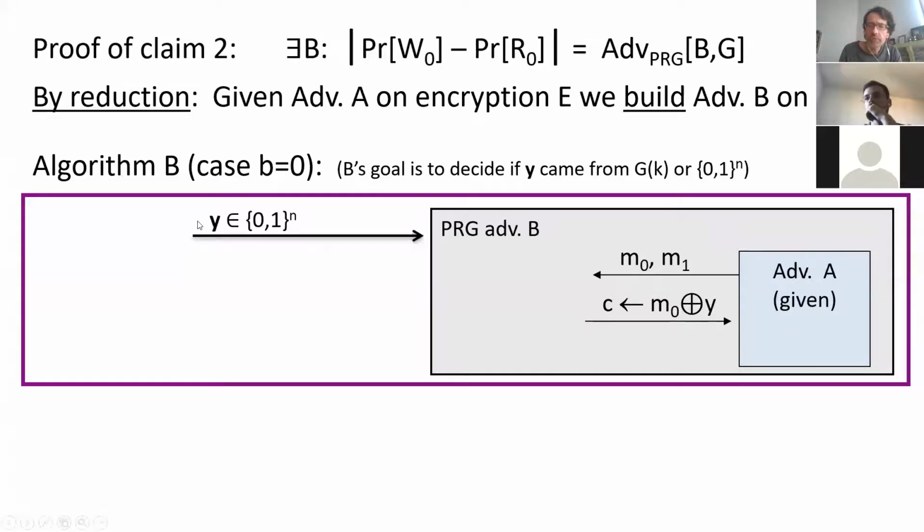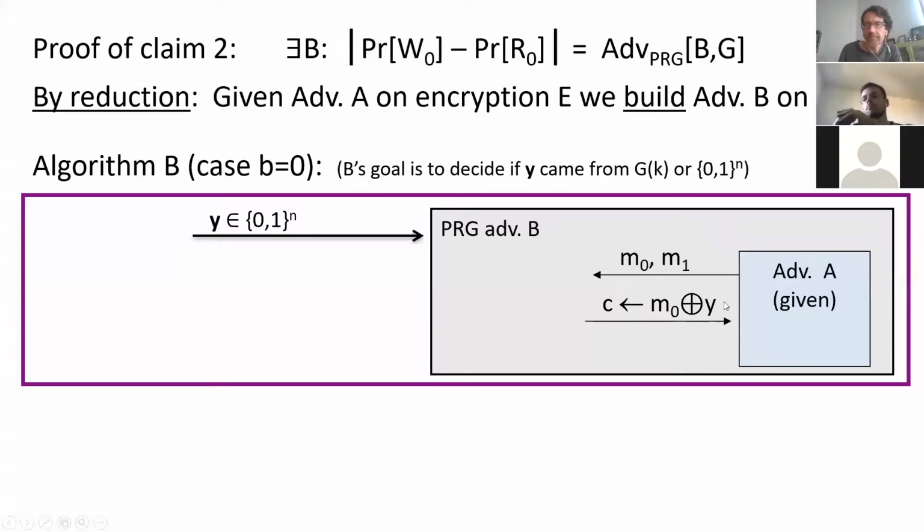Because if Y came from G(K), then this string is distributed like M0 XOR G(K), like in this world, right? But if this string came from a uniform random distribution, let's call it R, then this string looks like M0 XOR R for a uniform R. So it looks like in here. So this reduction correctly correlates the input distributions it's trying to distinguish with exactly the two distributions that A was supposed to distinguish.